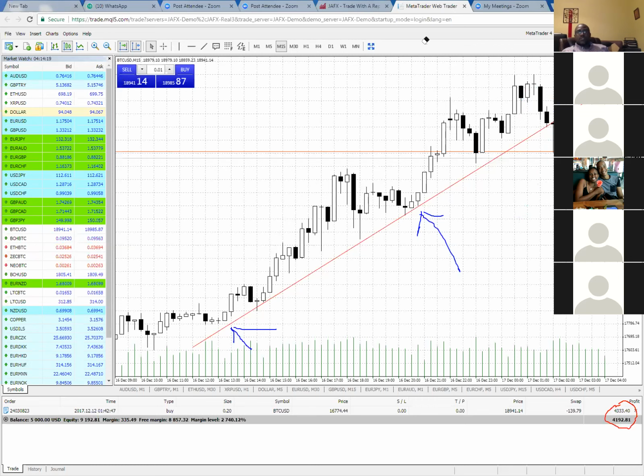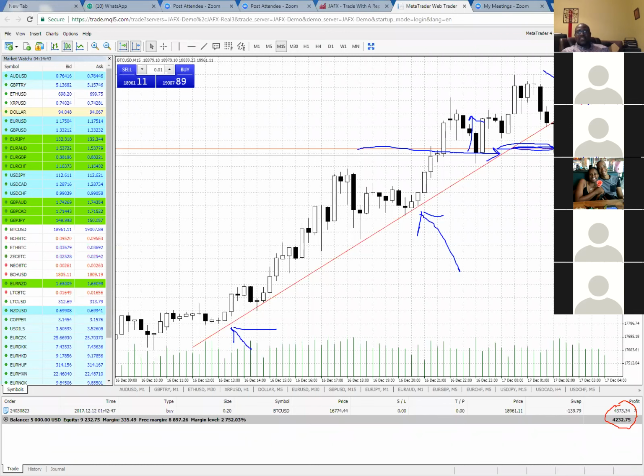If you notice, this was an area right here where Bitcoin pulled back and it bounced and went back up, right? Notice what happened. Even on the downtrend, when Bitcoin fell, it bounced back to try to recover to this exact same area, and then it failed.